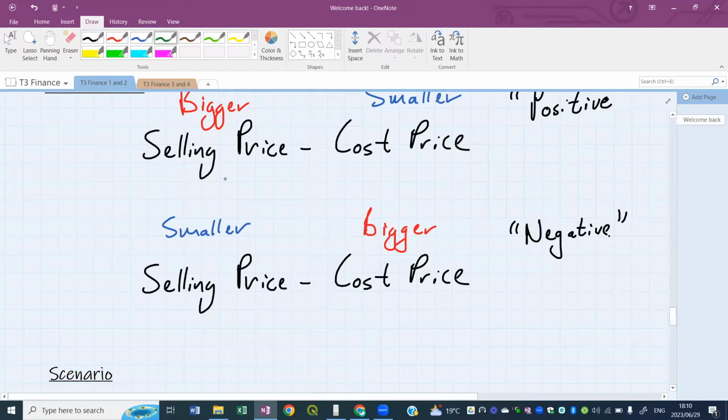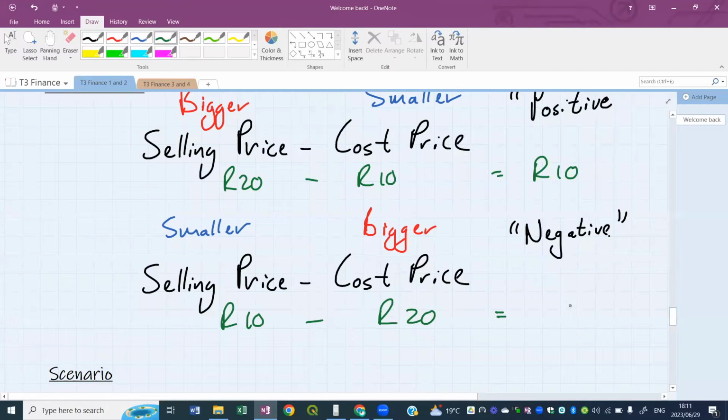So if the selling price is 20 Rand and our cost price is higher, well, that's not good for you if you want to make profit at all. Your answer is going to be minus 10.